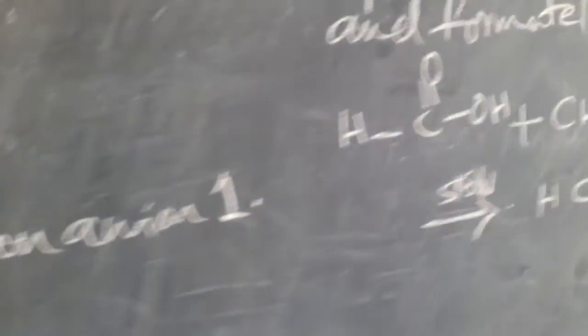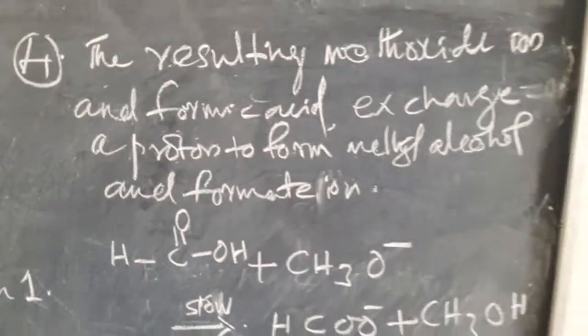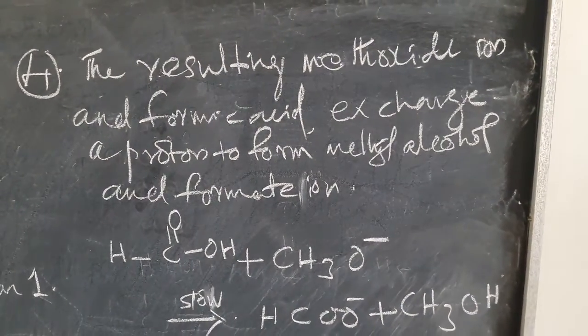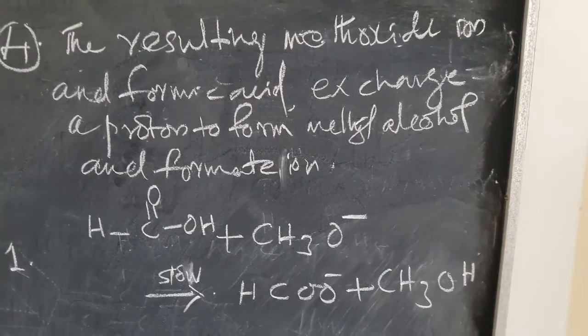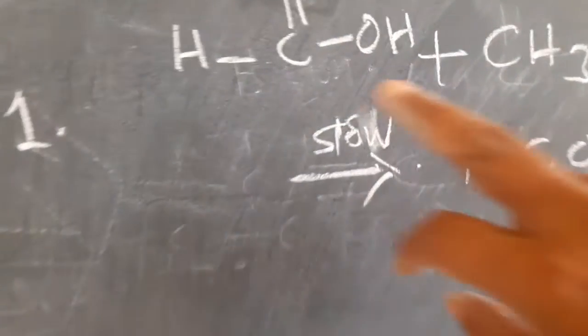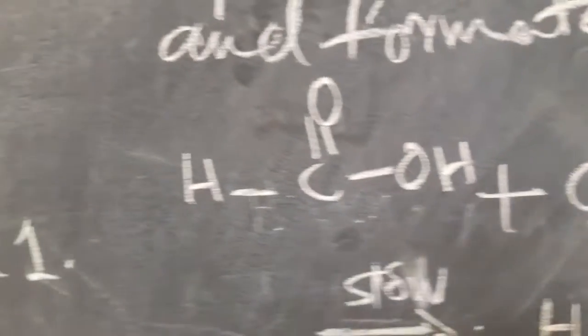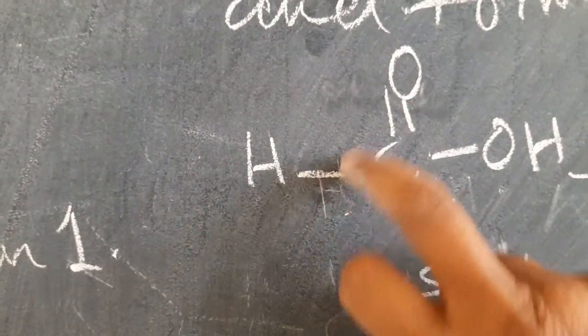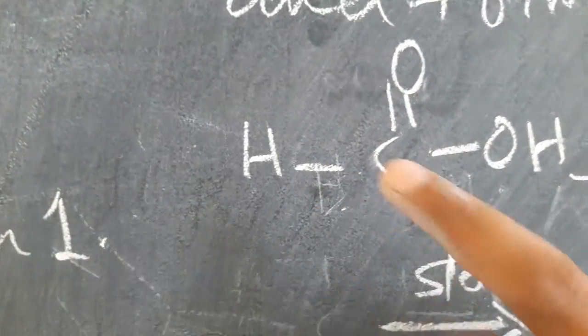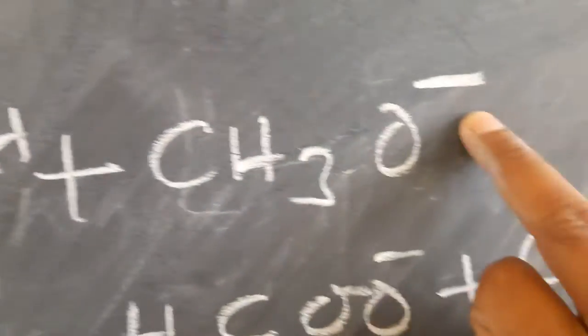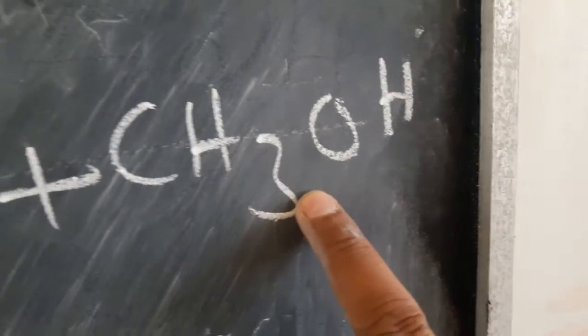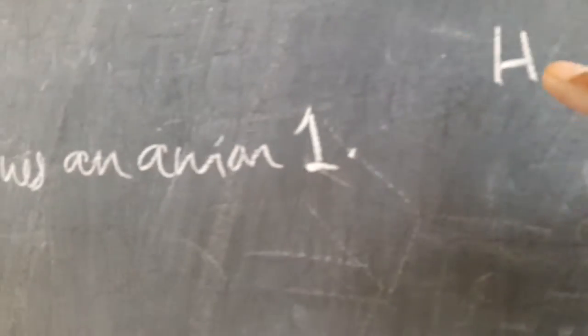And the third step: the resulting molecule of methoxide ion and formic acid exchange a proton. This is the formic acid which is already formed and this is the methoxide ion. So what happens? The hydrogen ion, H plus, moves to CH3O minus, forming CH3OH, and the remaining part goes like this.